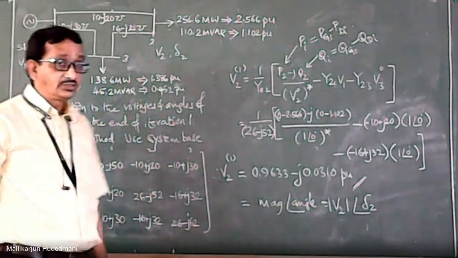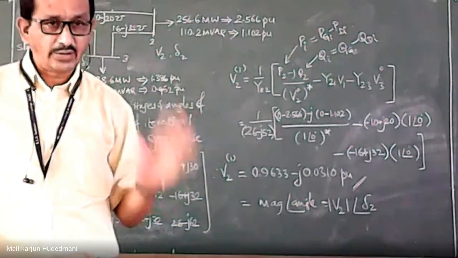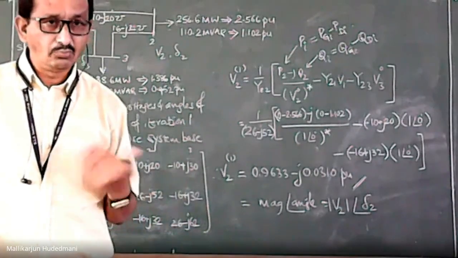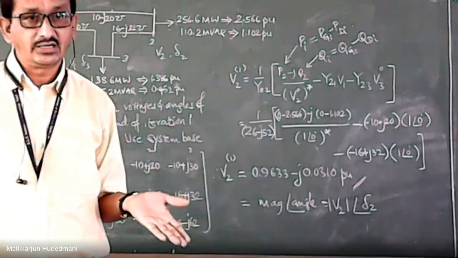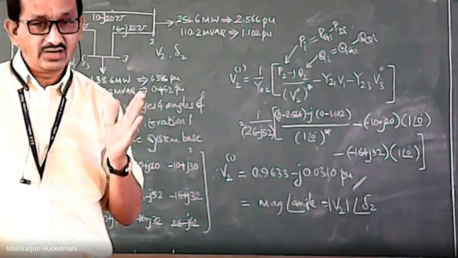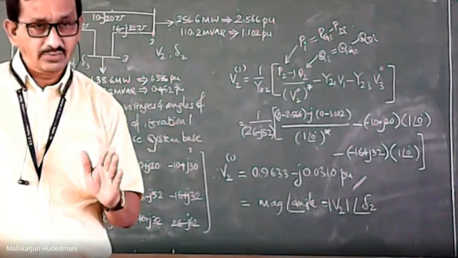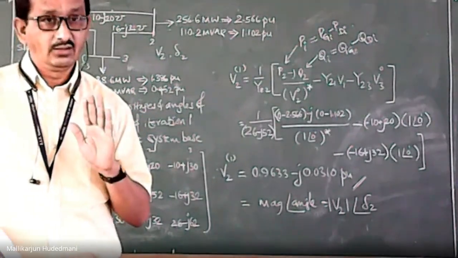How about bus number 3? There is no change. The same process I have to continue. Numerically, I have to put the values and get the real value. Hope I am going very clearly in a systematic way so that you are able to track me and follow.